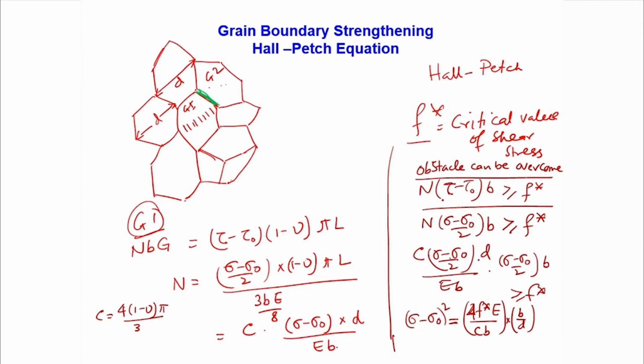Now, n can also be related to the size of the grain and many other things like the Poisson ratio and the shear modulus G, which I have already discussed.